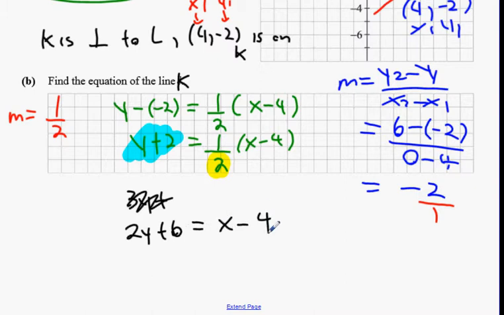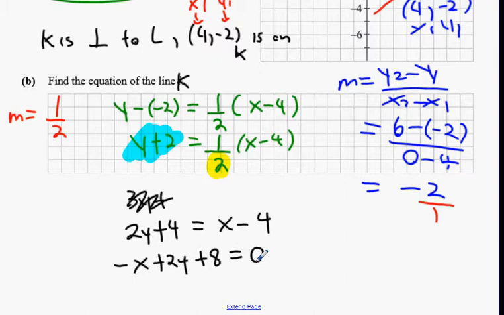Everything to one side. So we'll get minus x plus 2y. What's 4 plus 4? Is that 10, is it? Oh, yeah, my fault. It's 8. Here you get plus 8 equals 0.